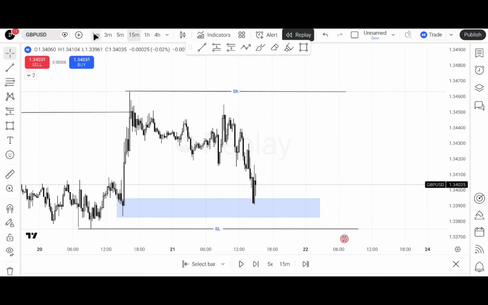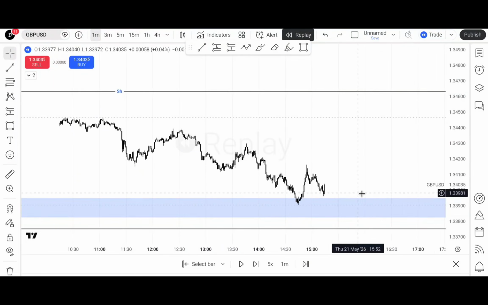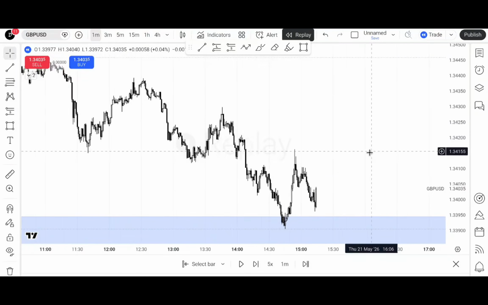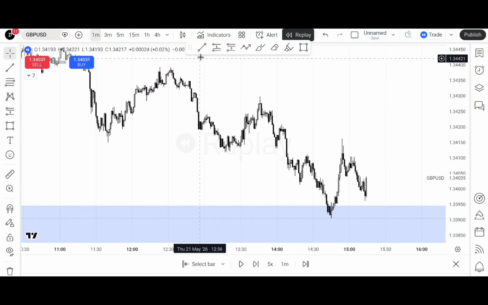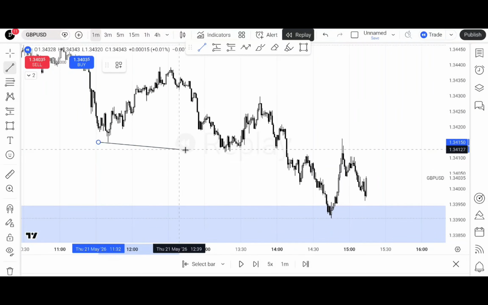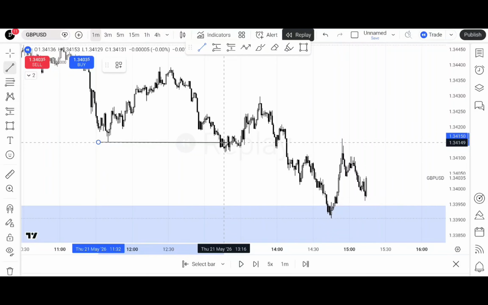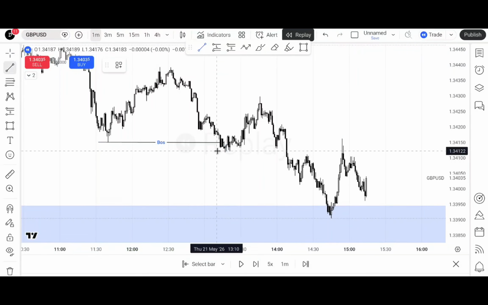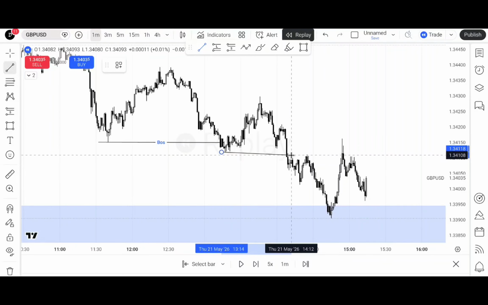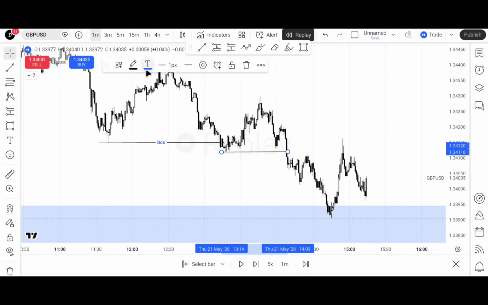So now let's step down to the 1 minute time frame to see what we have here. Okay, in the 1 minute time frame, we see that we had a series of break of structure to the downside. We have this one here, BOS, indicating bearish action. This is the 1 minute time frame. Don't be confused. All these things are step by step. This is another break of structure.